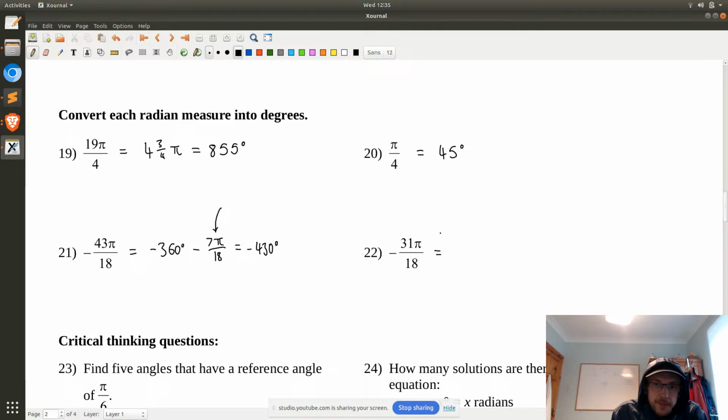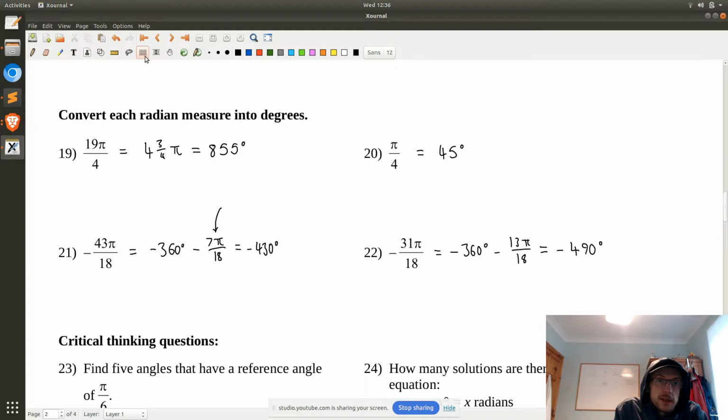Next, this is 18, and then we have to go on by 13, so negative 360 degrees. Take away 13 pi over 18, which would be negative 490 degrees. Check. No, not right.